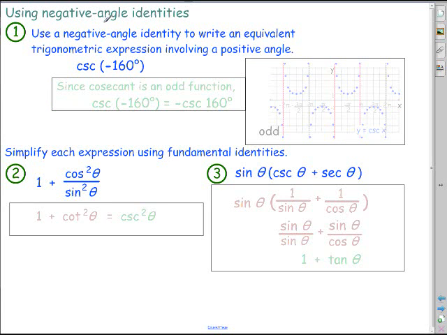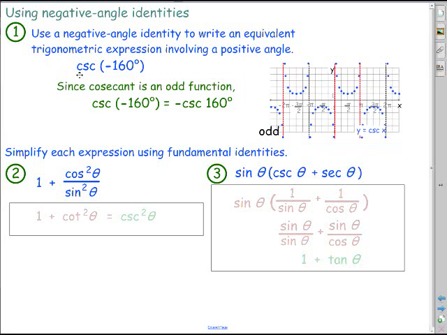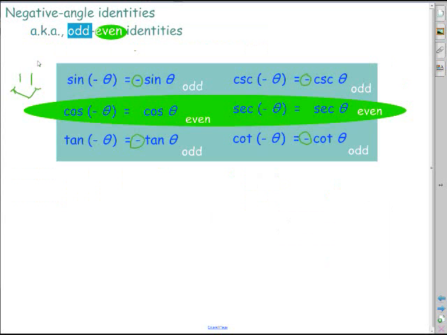Using negative angle identities. Okay. So how might we use this? I've got cosecant of a negative angle. And what do I know about cosecant? Let's look back here. Cosecant, that's odd.